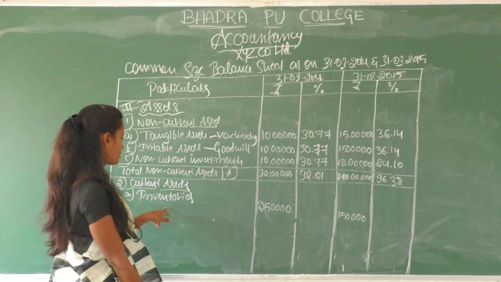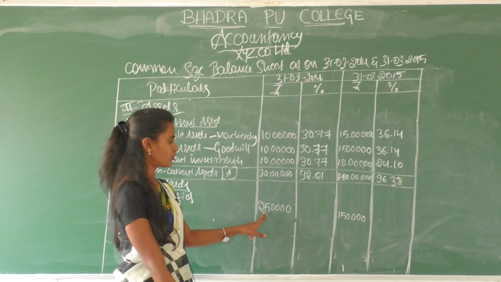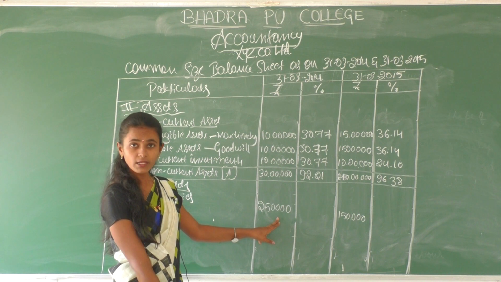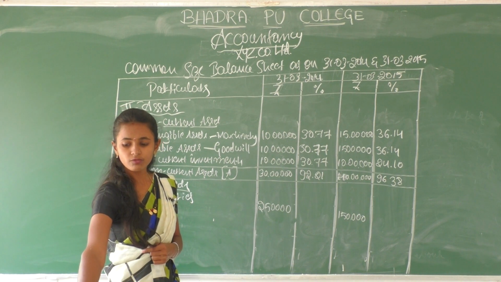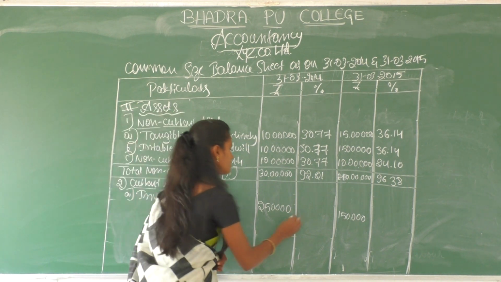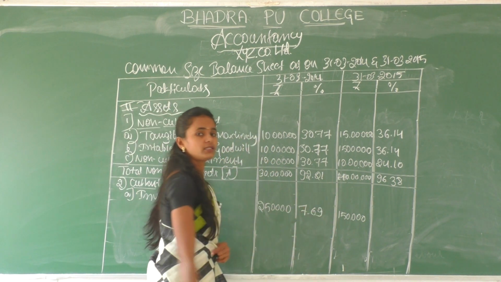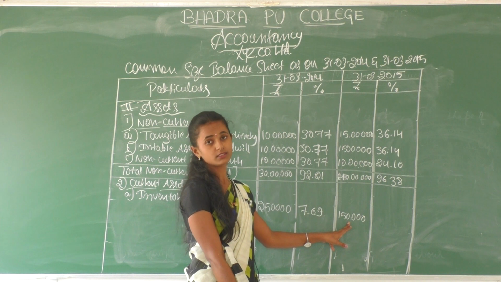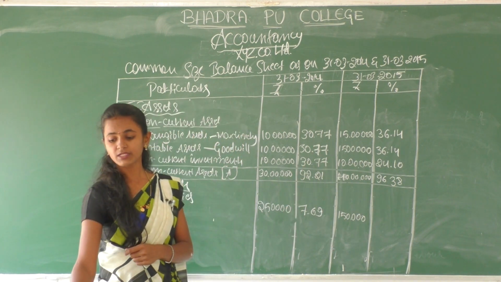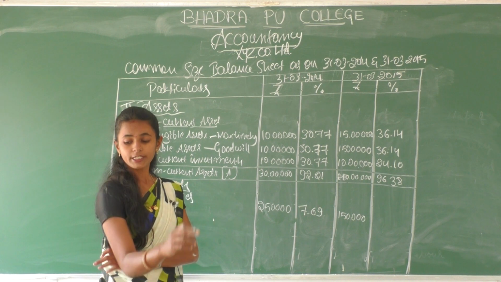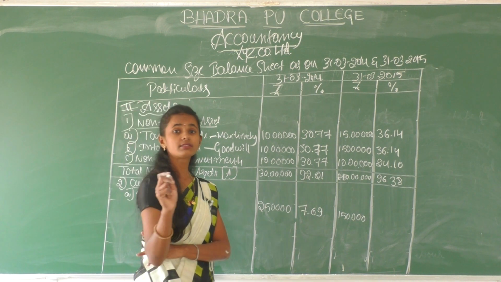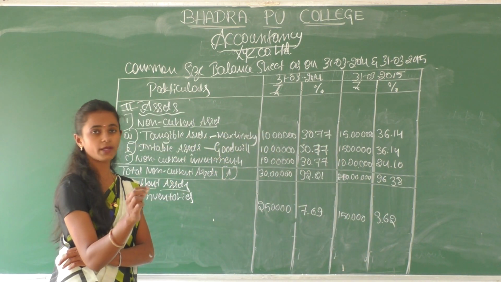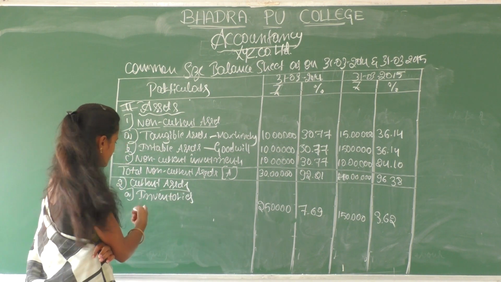For the calculation, inventories in 2014 is 2,50,000 divided by our common value 32,50,000 into 100, then you will get 7.69%. And here our inventories amount is 1,50,000 divided by our common value in 2015, 41,50,000, into 100, then you will get 3.62%. So under current assets we have only one item, that is inventories.